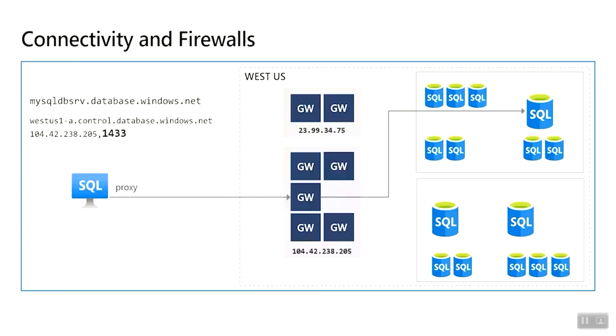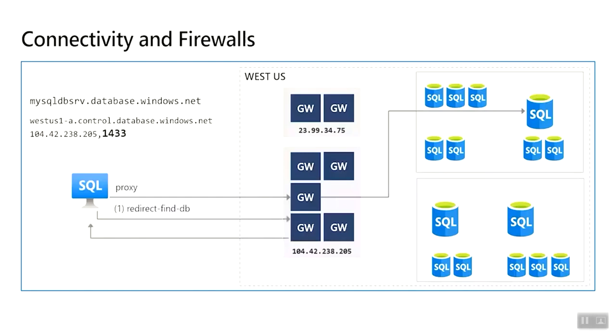The redirect one will allow a client to establish connections directly to the node that's hosting the database, which means there is lower latency and higher throughput. Now, for connections to use this kind of connection policy mode, the client needs to allow outbound communication from the client to all Azure SQL IP addresses in the region on ports in the range of 11000 to 11999.